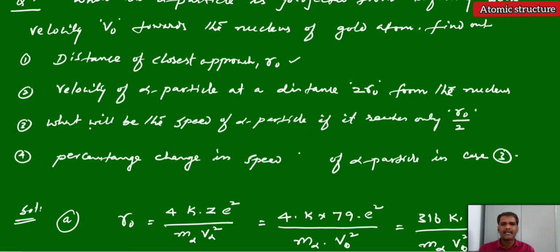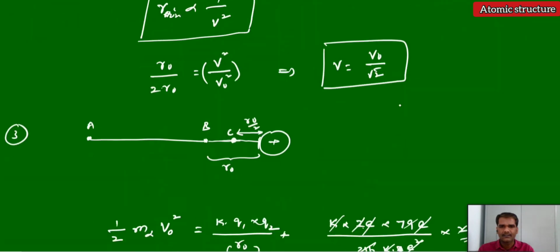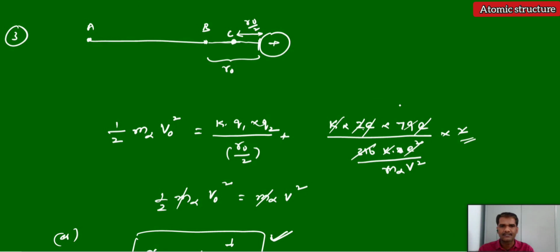We have done the calculation a little wrong here; we'll come back. Once again, this is correct. Initially we know that at R naught, at point B, if the alpha particle reaches point B, the velocity is V naught. But if you want the alpha particle to reach point C, then the velocity should be changed, right? In that case, let us assume the velocity is V.